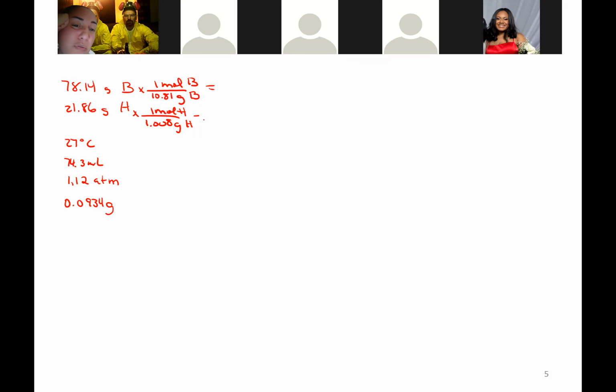So I need people to do this for me, please. What's the moles of boron? For boron, I got 7.228. Well, 7.23. 228 is better. Remember, empirical formulas, you don't cut them off. 7.228 moles of boron.